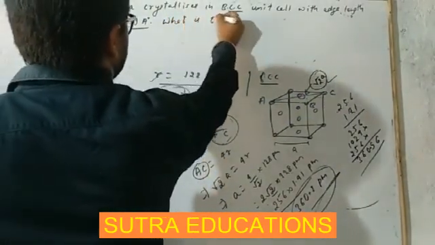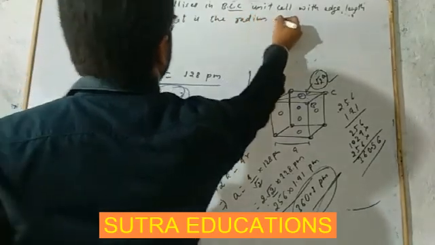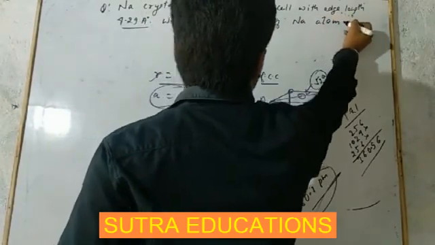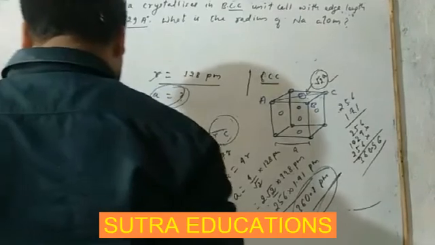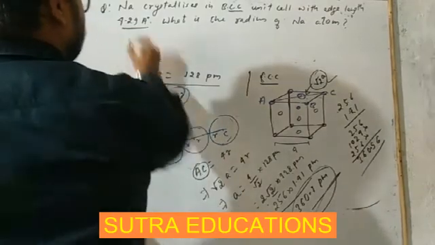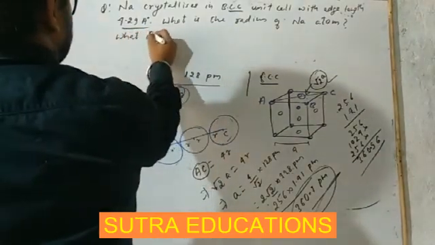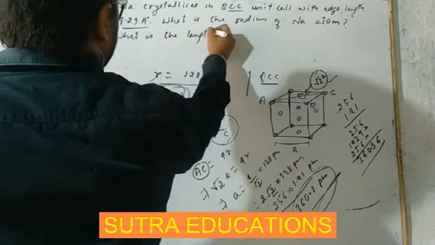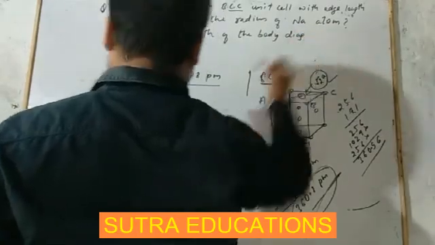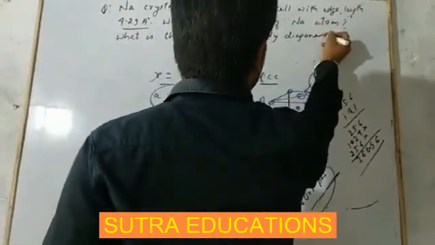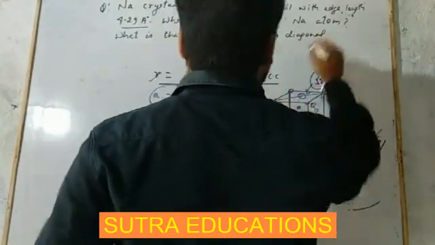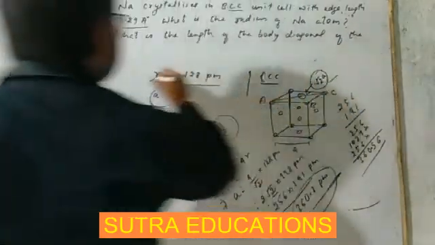And what is the length of the body diagonal of the unit cell?